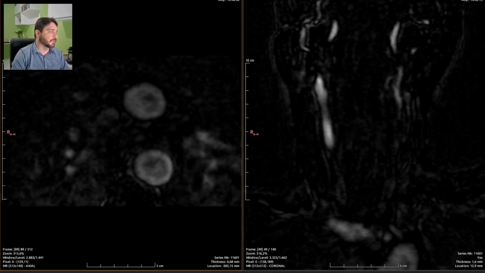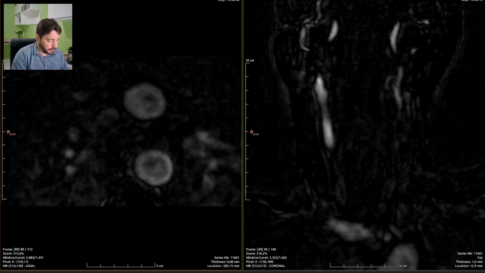So, described as a 50 to 69 stenosis on the left carotid bulb, and this is it. Just saying that the vertebral arteries are tortuous and saving it.